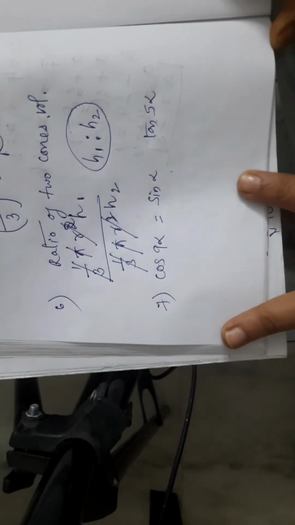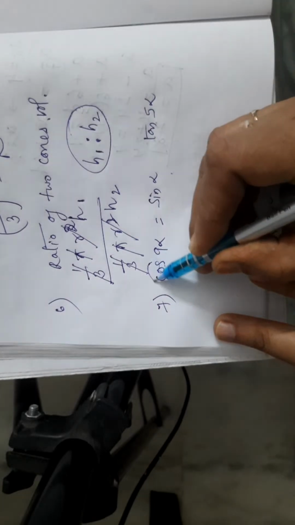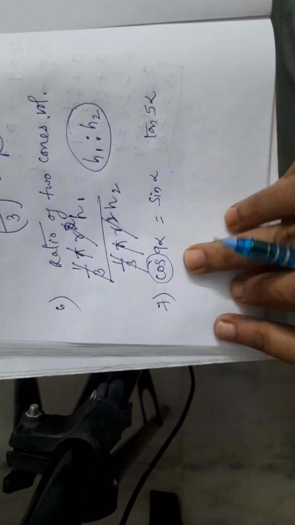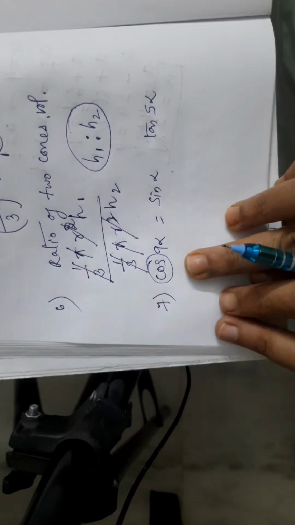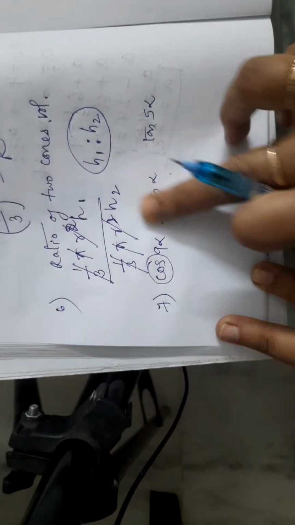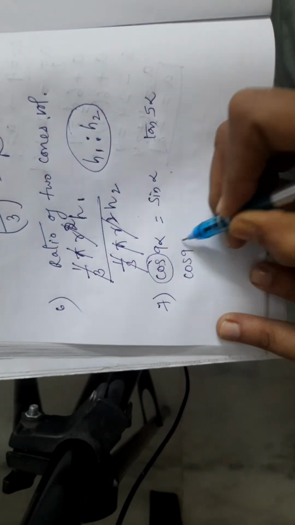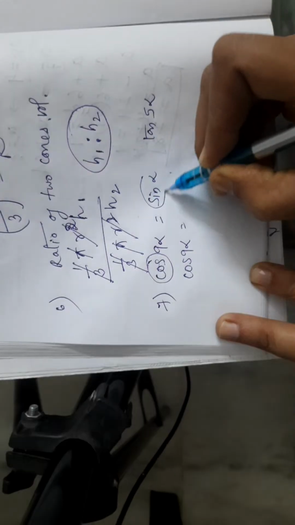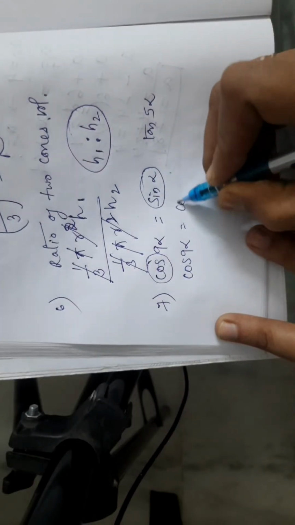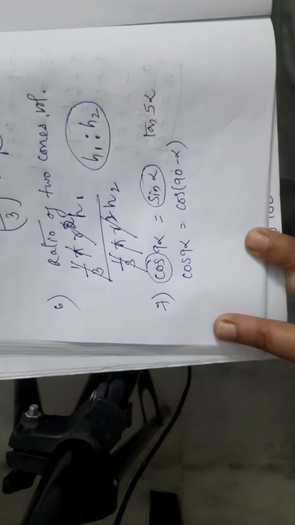So for this kind of question we need to find the value of alpha. So cos theta we can replace by sin of 90 minus theta, or here sin alpha is there, this we can replace by cos of 90 minus alpha. So keep the first term as it is and replace sin alpha with cos of 90 minus alpha, as cos of 90 minus alpha is sin alpha.